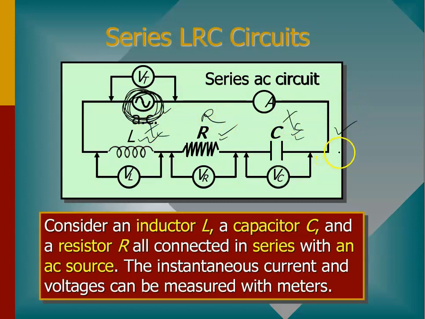As for the current, it will be very easy because this is a series connection. So by logic, when the current passes through this capacitor, this particular amount will also be experienced by the inductor, because this is a series connection.